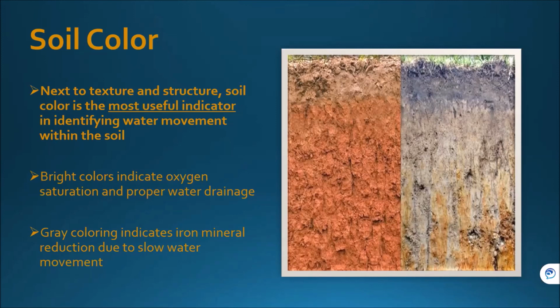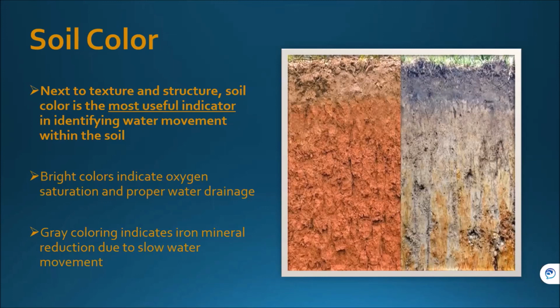So on the flip side of that, if you have a soil that has a lot of the pore space filled with water that doesn't allow that oxygen to move through the profile nearly as easily, then those iron minerals tend to stay reduced, or in their gray, natural state. So there's a lot of chemistry and biology tied in with that, but in a nutshell, that's pretty much what it boils down to.